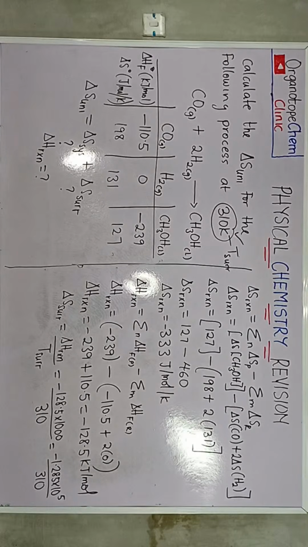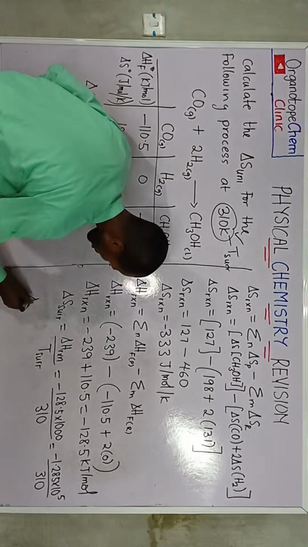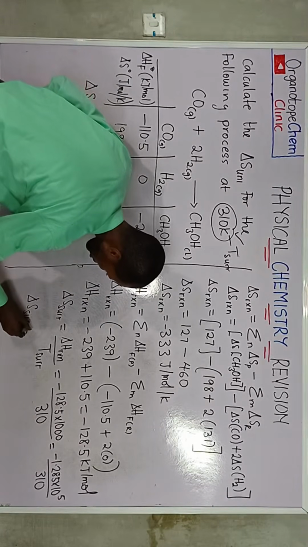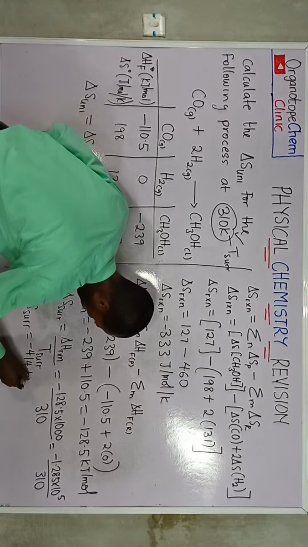Let us confirm the answer. Minus 414.5. Is that the final answer? All right. So we can proceed. So delta S surrounding equals minus 414.5.